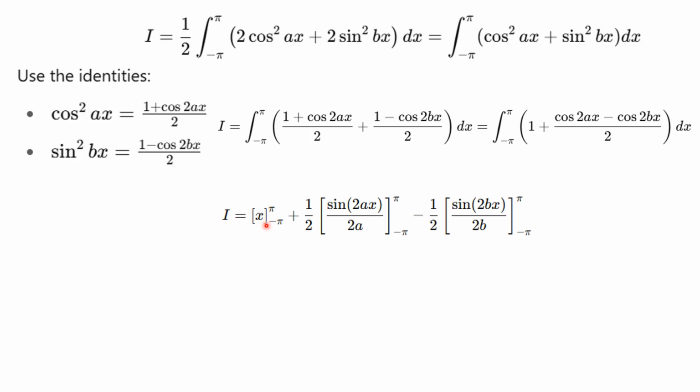So let us evaluate term by term. We have x between minus pi to pi. When you apply the limit, we have pi minus of minus pi, which is 2 pi.